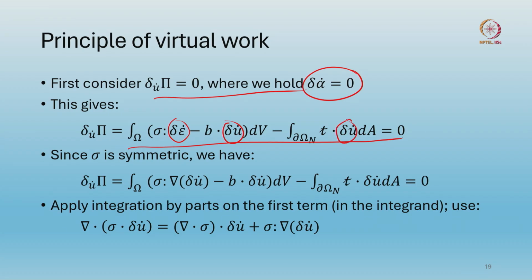Note that this T, this B, this sigma are held fixed. Why is it held fixed? Because these correspond to the mechanical equilibrium, for which u dot is fixed, epsilon dot is fixed, epsilon is fixed, right, and so on.